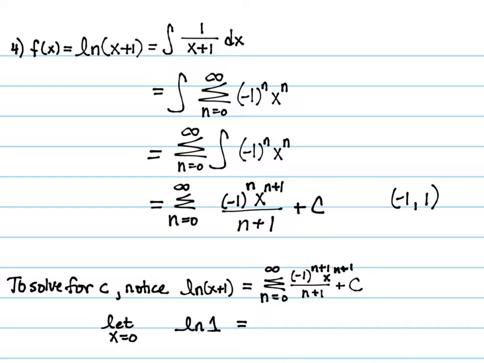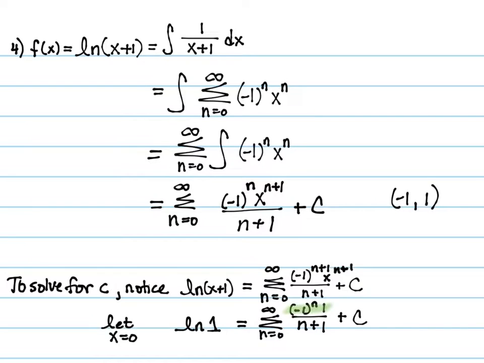It's 0. And on the right-hand side, the summation from n equals 0 to infinity, I have negative 1 to the n, and then my x to the n is actually going to be 1 over n plus 1, plus my c.